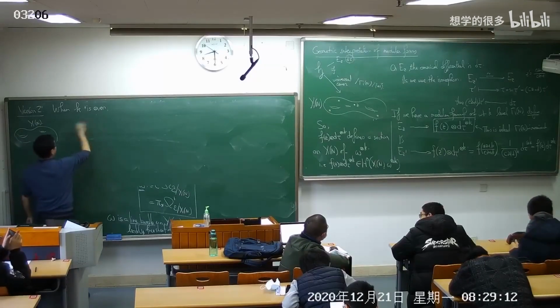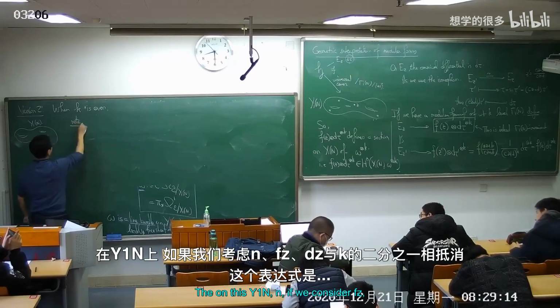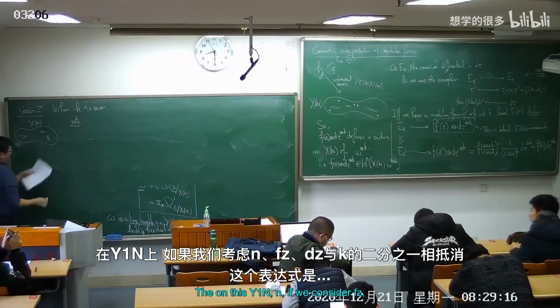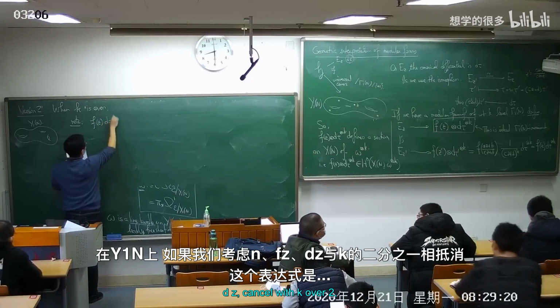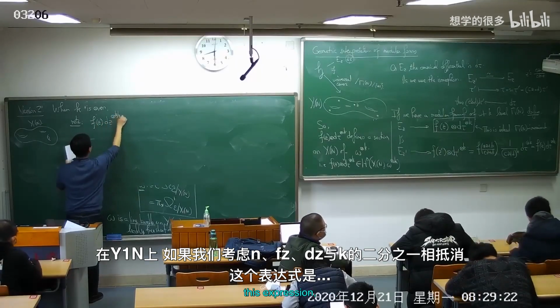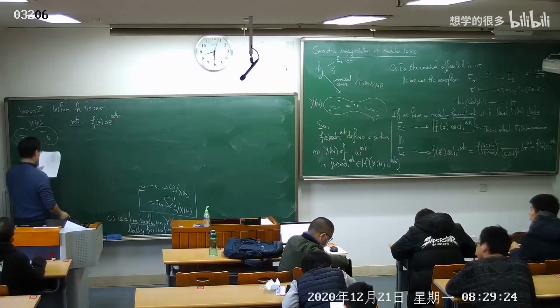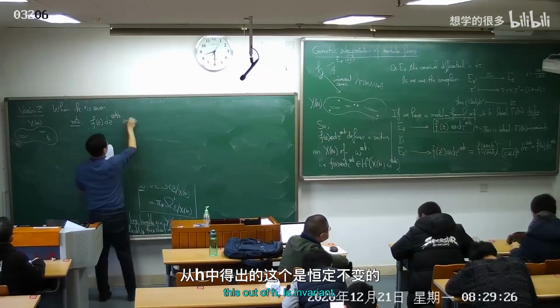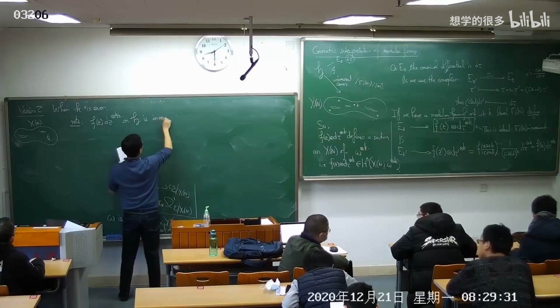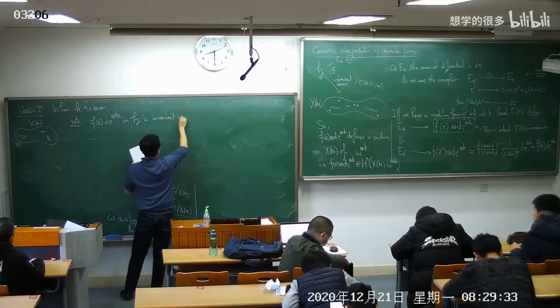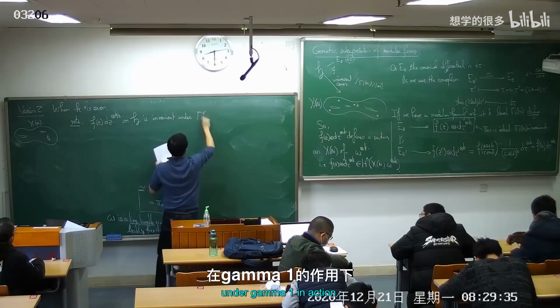Here's what we note: on this Y1(n), if we consider F(z) dz tensor with k over 2, this expression on H is invariant under gamma 1(n) action.